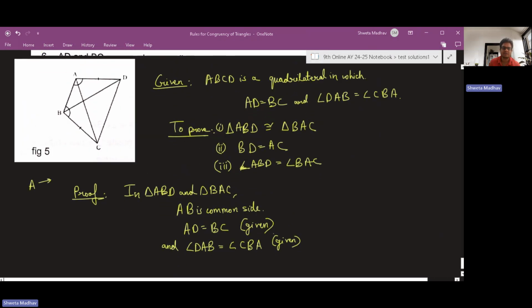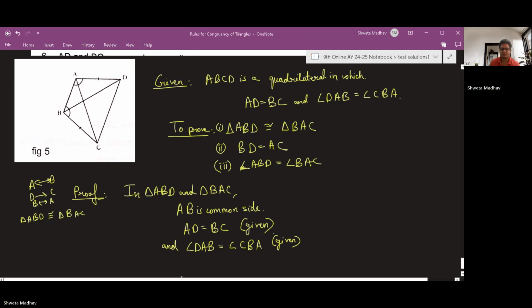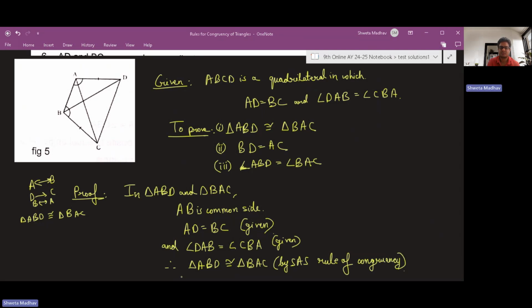Point A corresponds to B and D corresponds to C. So when we write triangle ABD, it will be congruent to triangle BAC, by the SAS rule, the side angle side rule of congruency.